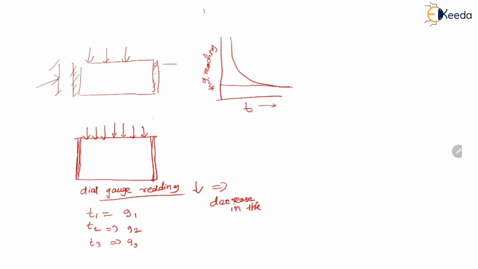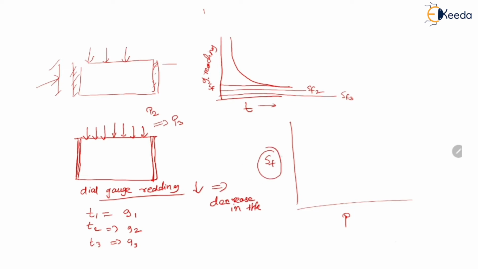So if we further increase the pressure to P2, then soil will get more compressed and the final settlement obtained will be say SF2. Again, if we increase the pressure to P3, the final settlement obtained will be SF3. So we can plot the graph of pressure versus settlement or pressure versus final settlement.